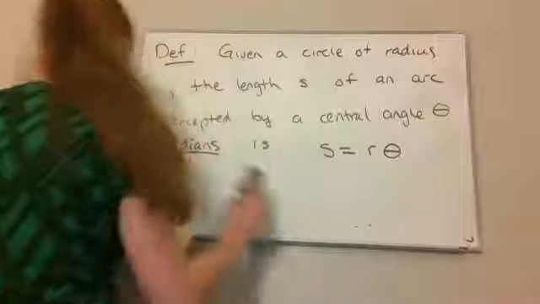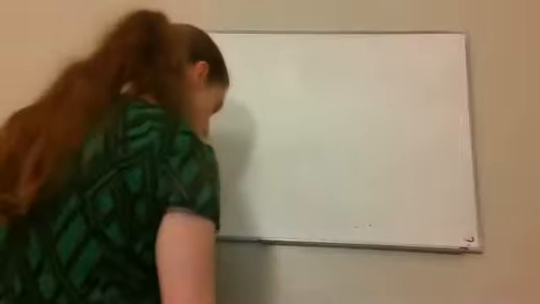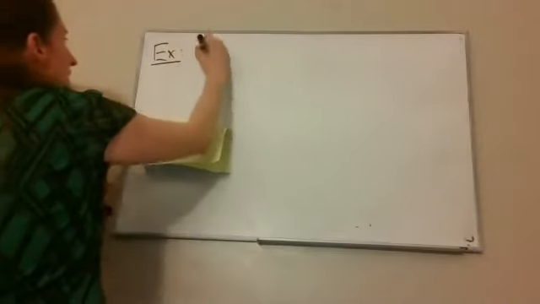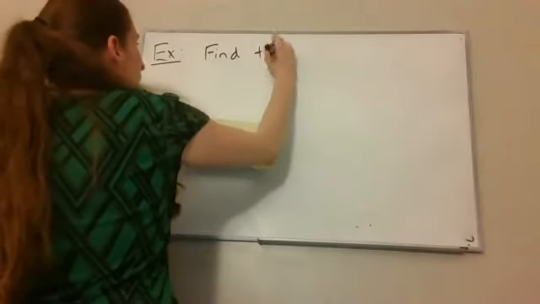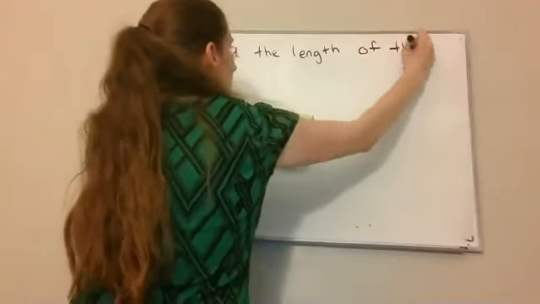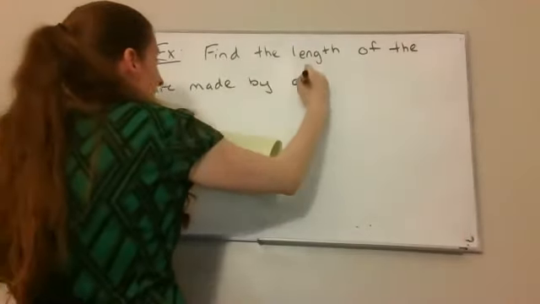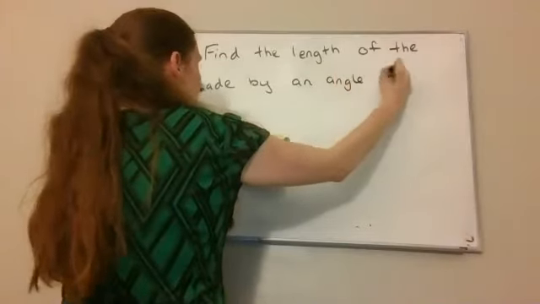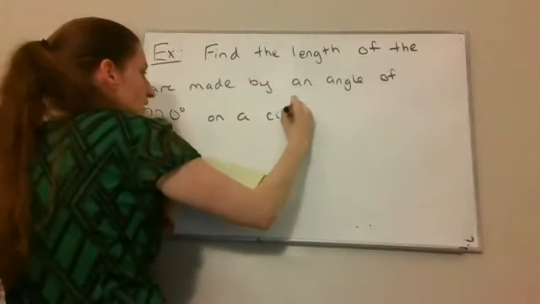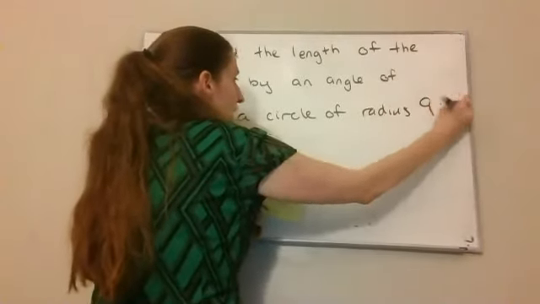Let's do an example using this formula. So, example. Find the length of the arc made by an angle of 220 degrees on a circle of radius 9 inches.